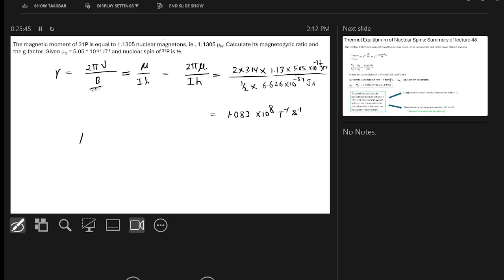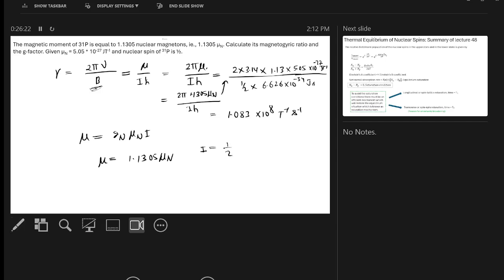And then you can calculate this using this equation, mu equal to Gn mu n I. So here you can calculate mu. Mu is nothing but here 1.1305 mu n. So you can substitute, you can write here 2 pi 1.1305 mu n by h, and then we can push it like this. Mu and I is 1 by 2.